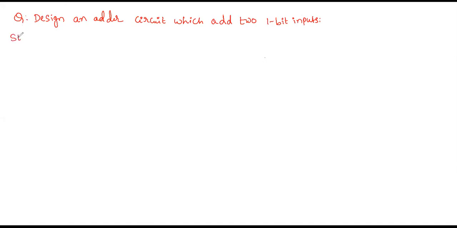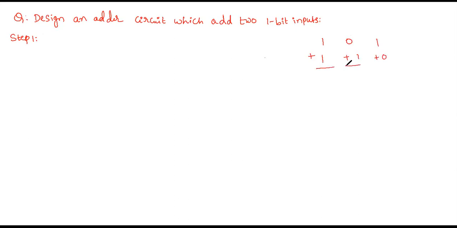Step 1 is we need to decide how many inputs and outputs are required for the design. Here you are adding two 1-bit inputs, for example, 0 plus 1, 1 plus 0, 1 plus 1.